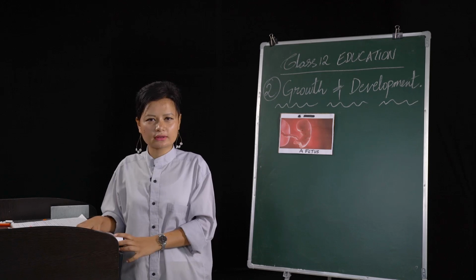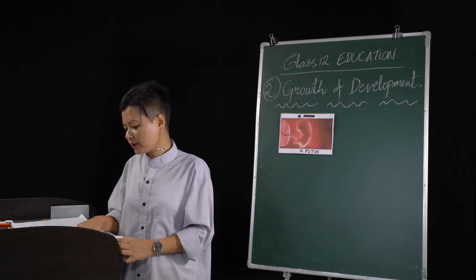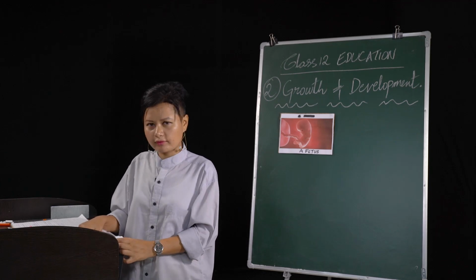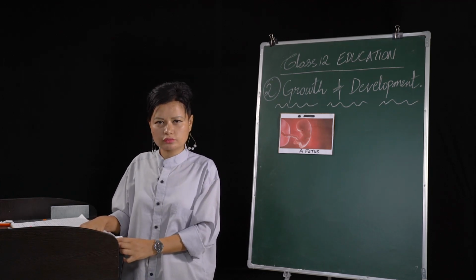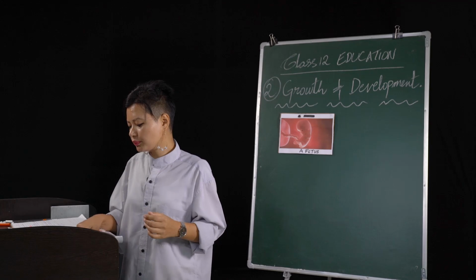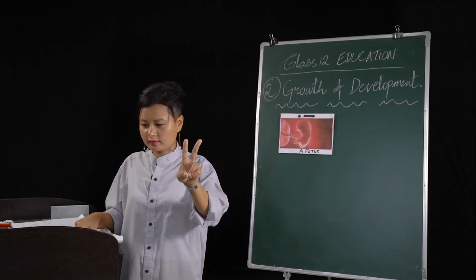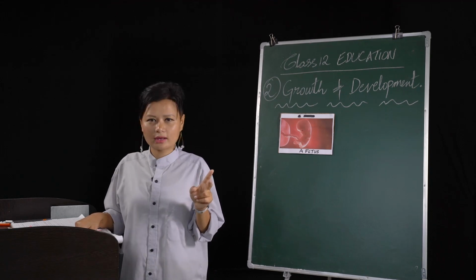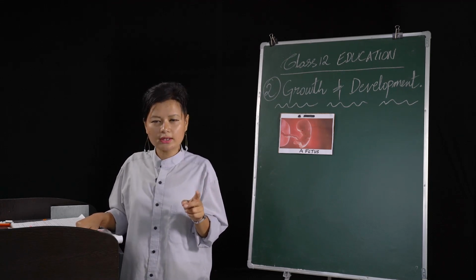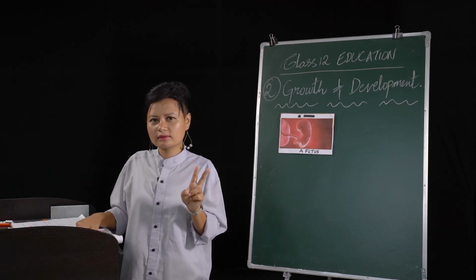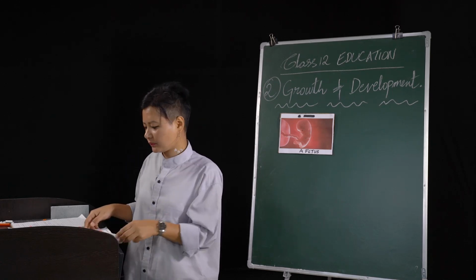Now, if you look at the eighth principle of developmental direction. Again, this one is also very important. Students, I want you to listen very carefully. Under principles of developmental direction, it talks about two directions again. One is cephalocaudal, and the other one is proximodistal. So what do these two directions talk about?